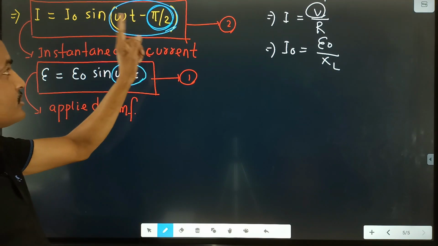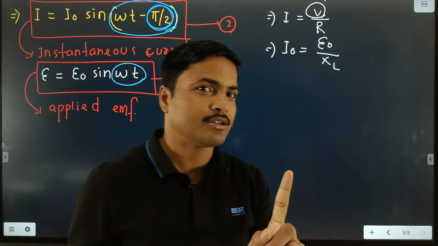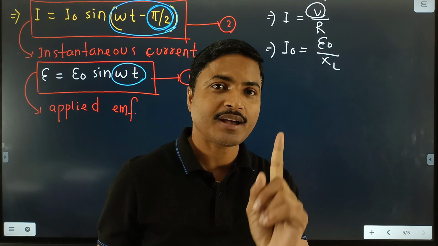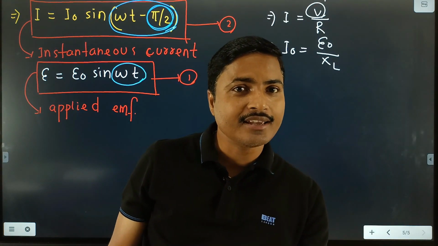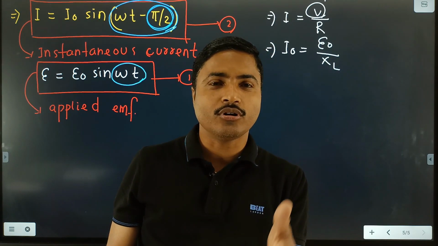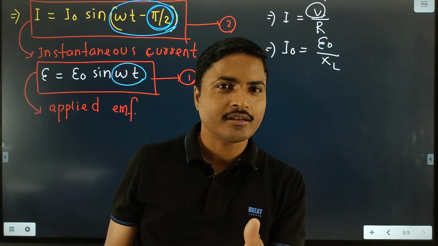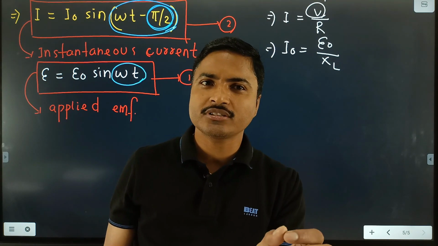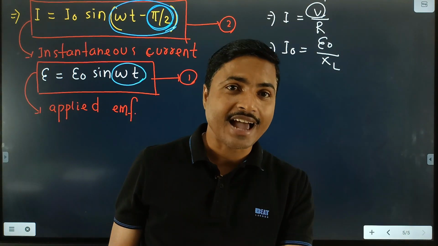And here it is minus pi by 2, not plus pi by 2. And you know minus pi by 2 means it lags behind, not leads. Leads or ahead means plus. Minus means it lags behind.